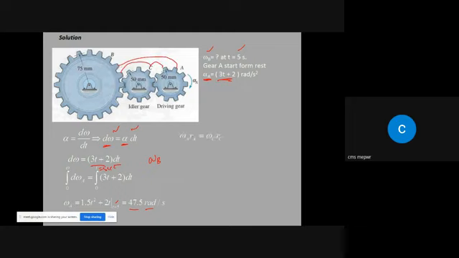First let's use this step: omega A R A is equal to omega C R C, and then we will use this one: omega B R B is equal to omega C R C. By doing so, we will find omega C. Once you find omega C, we can use the equation omega B R B is equal to omega C R C, and from here we can find omega B. So omega B was required, and it is 31.7 radian per second.